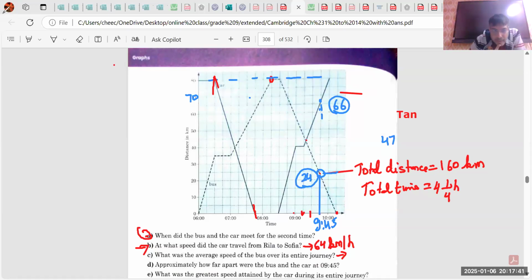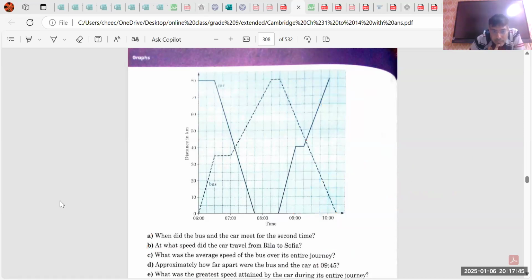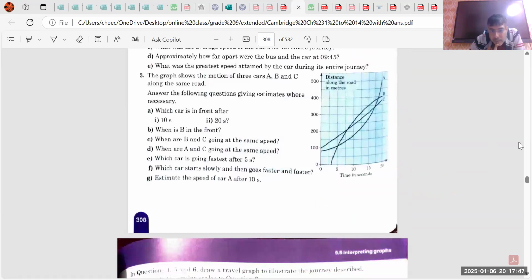Yes, 80 is correct. 80 kilometers per hour. Next, do the third question.